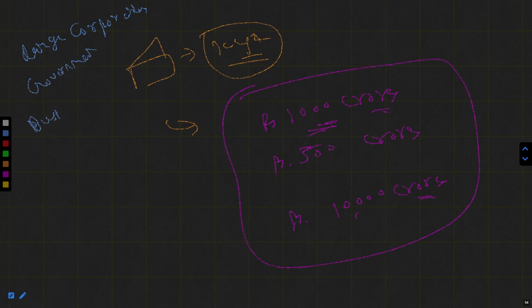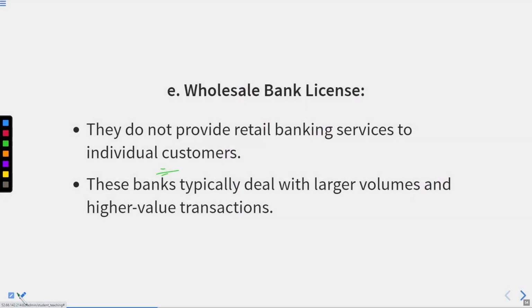From huge businesses. All right. So that's why the wholesale banks are basically the service provider to these kind of entities. They are not dealing with the individual person. They are not dealing with the general people like the commercial banks do. Okay. So remember, these banks are always involved in the higher value transactions.